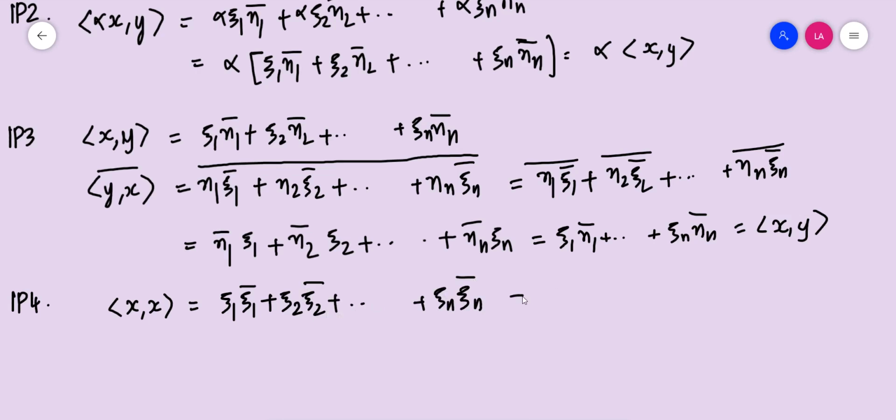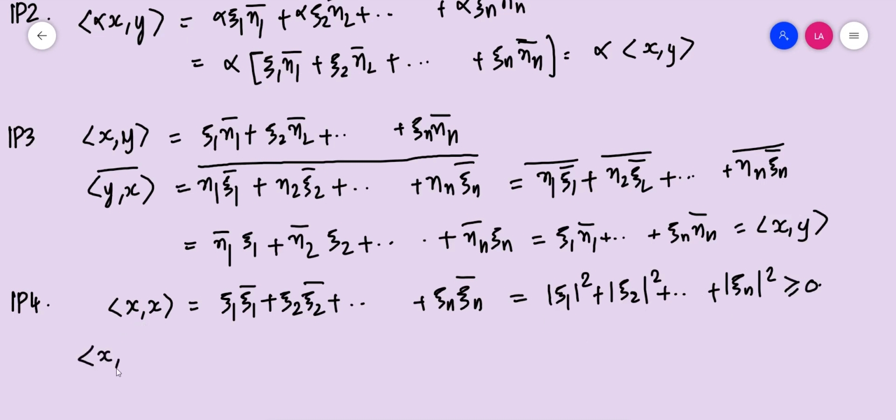So this should be equal to modulus of theta 1 the whole square plus modulus of theta 2 the whole square plus etc. modulus of theta n the whole square. Now modulus of every complex number is a positive number. So each of these quantities is a positive number, and the sum of positive numbers is always greater than or equal to 0. So inner product xx is always greater than or equal to 0.